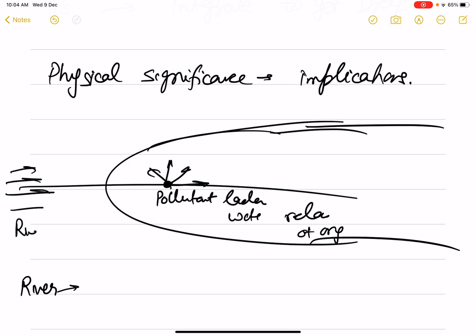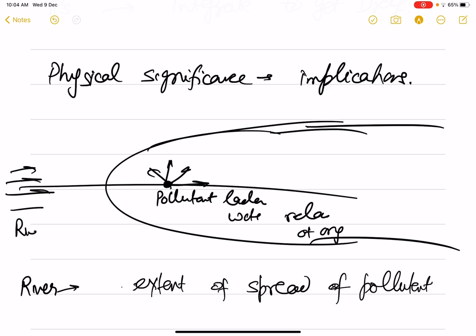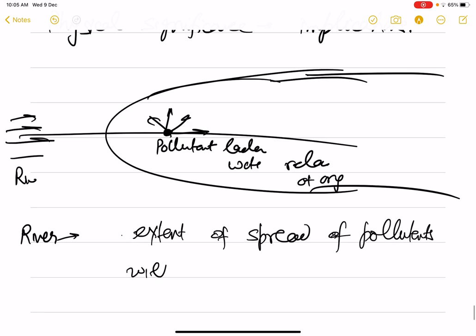So we know the extent of the half body, and we can say that all pollutants will be confined to this half body shape. Therefore, this tells us the extent of spread of pollutants will be given by the half body.